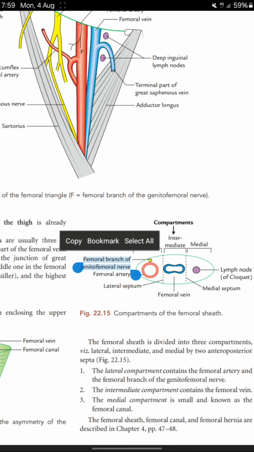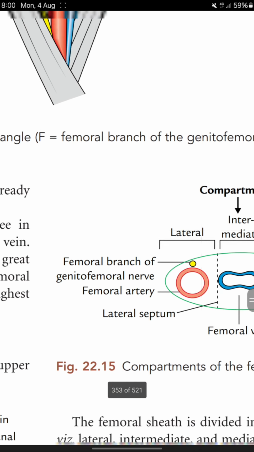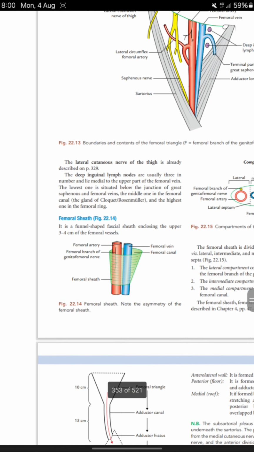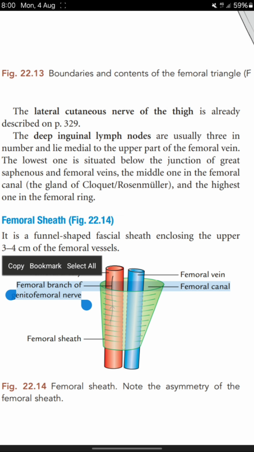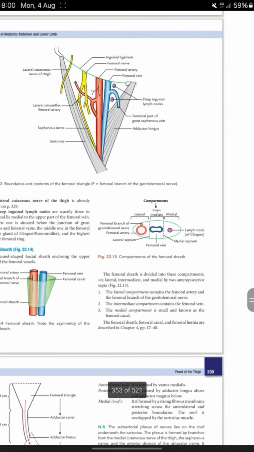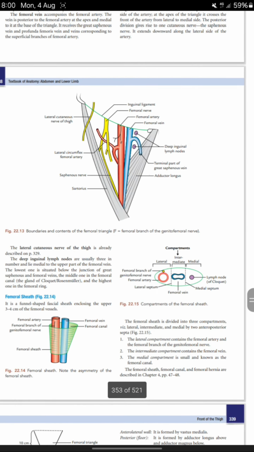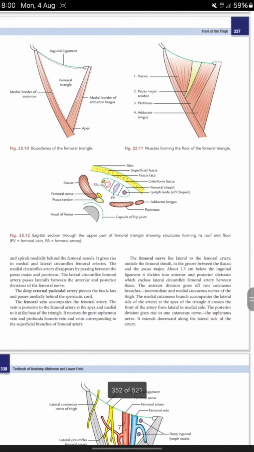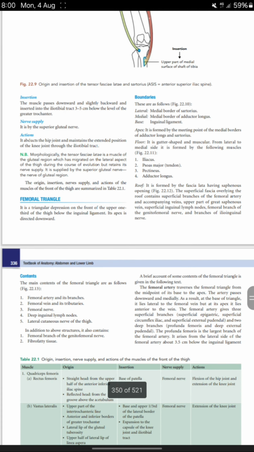Many people forget this structure, but you should remember it is present in the lateral compartment of the femoral sheath. You can see this diagram: the femoral branch of the genitofemoral nerve is shown posterior to the femoral artery. So these were the main things which you have to consider in the femoral triangle. Thank you.